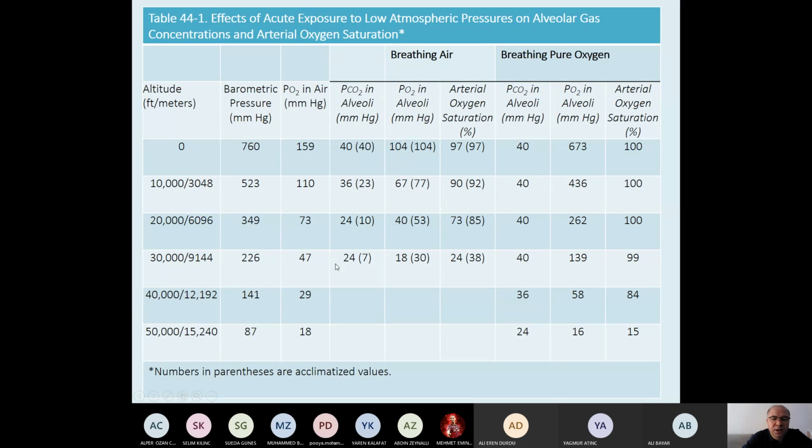As you see, carbon dioxide concentration does not change much. But if you again breathe 100% pure oxygen, then you get 99% oxygen saturation.